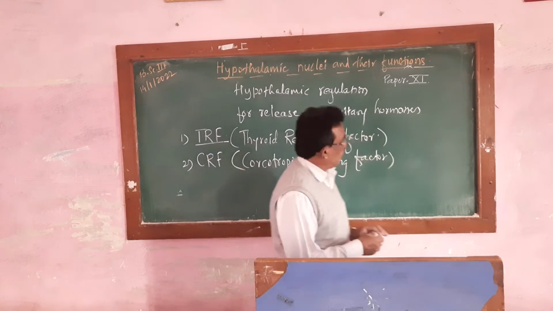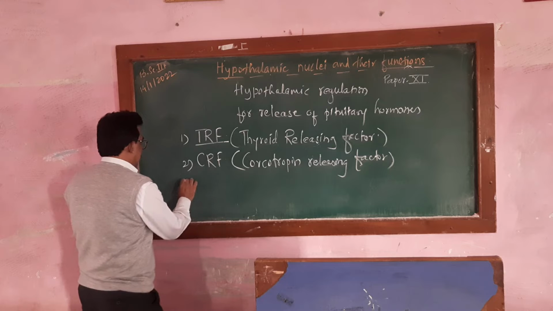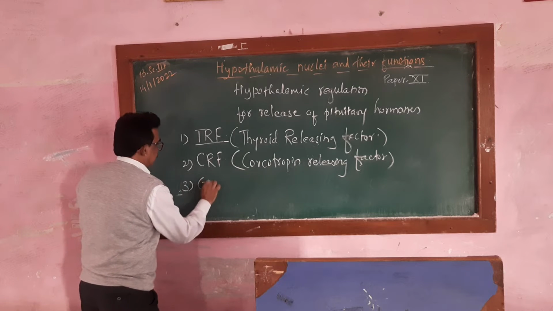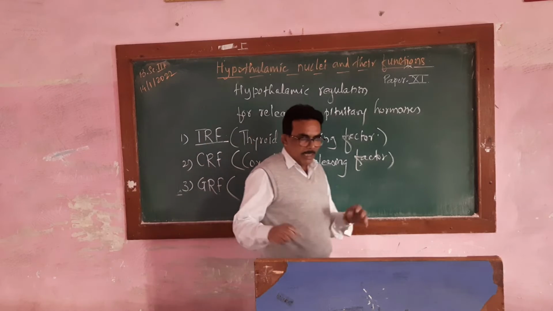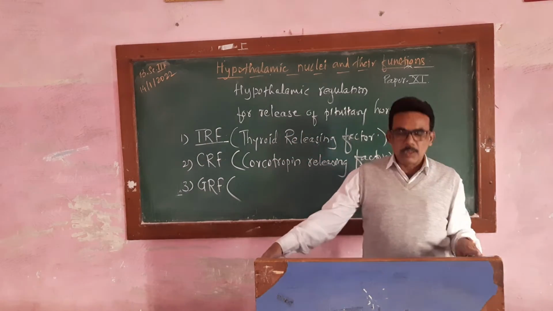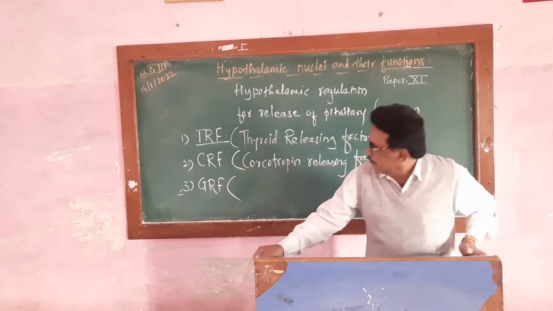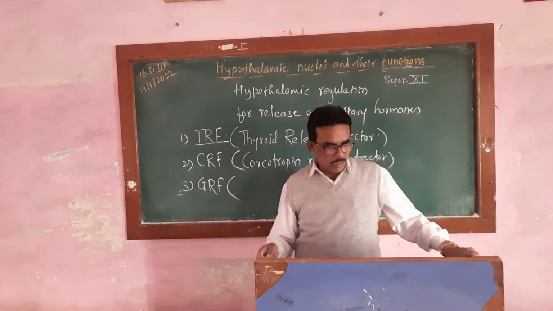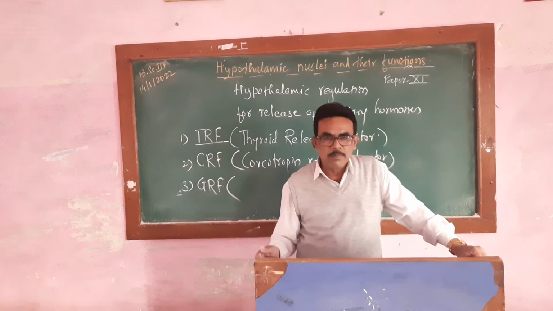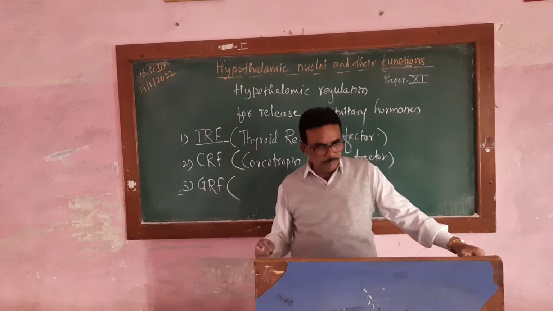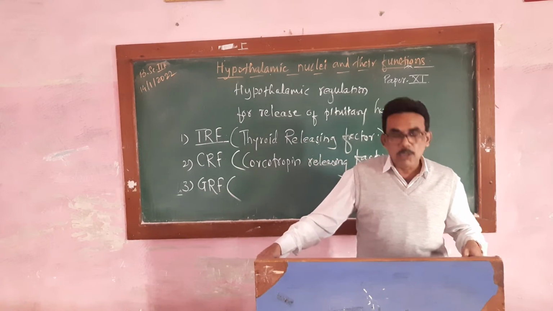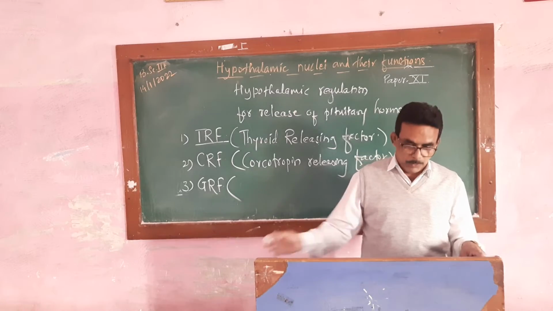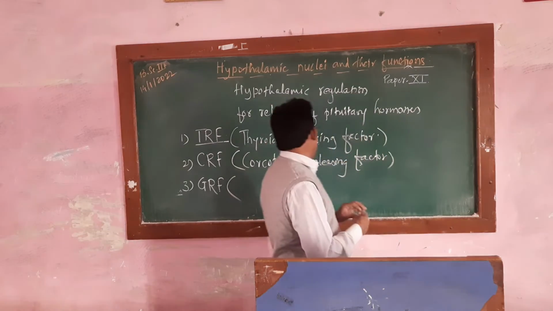Then the third factor, that is GRF, growth hormone releasing factor, GRF or GHRF. So this growth releasing factor stimulates the adenohypophysis or anterior lobe of pituitary to release the growth hormone.